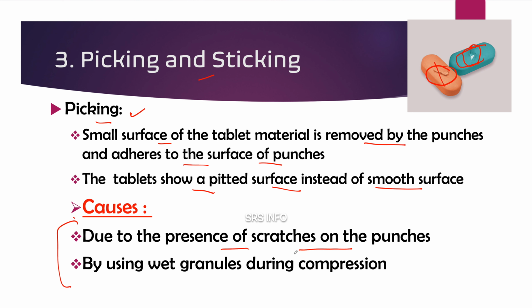It does not allow the formation of a smooth tablet. The second reason is using wet granules during compression. Granulation is a very important process during the manufacturing of tablets. If the granules are not properly granulated, or the wetness is more than required, it may lead to picking. They cannot compress properly, which may cause picking of the tablet. Clear?